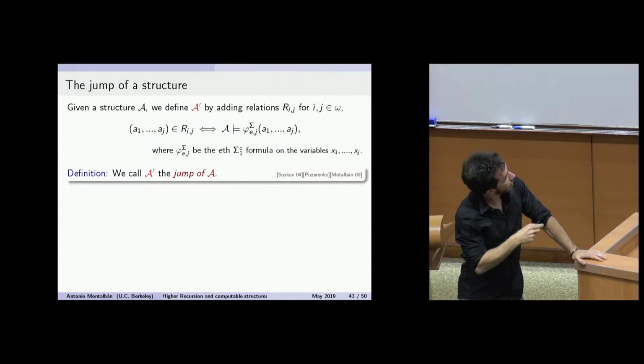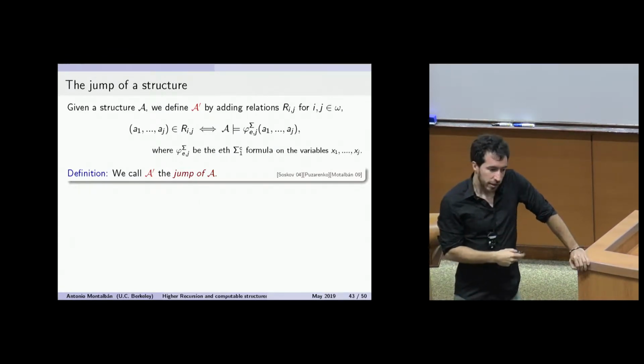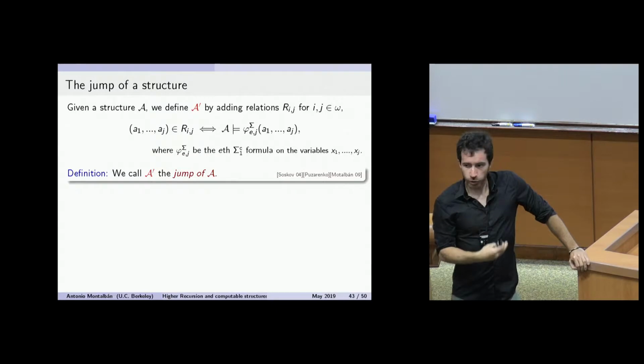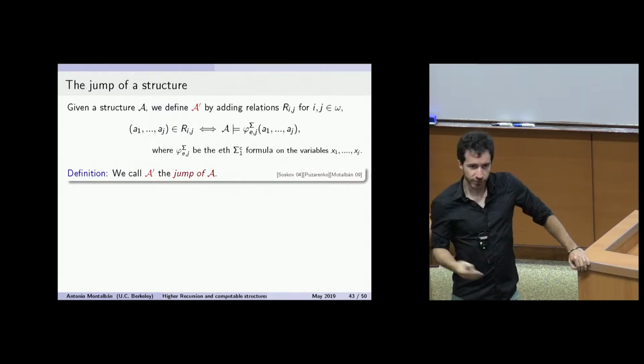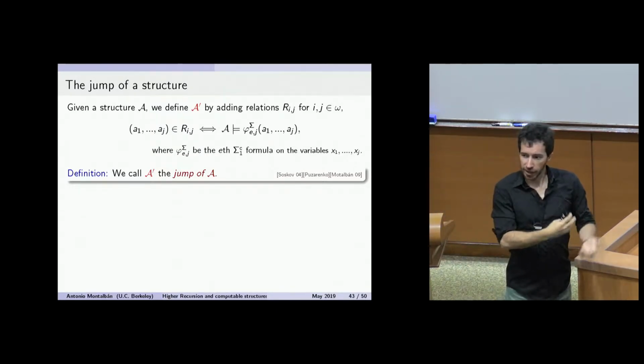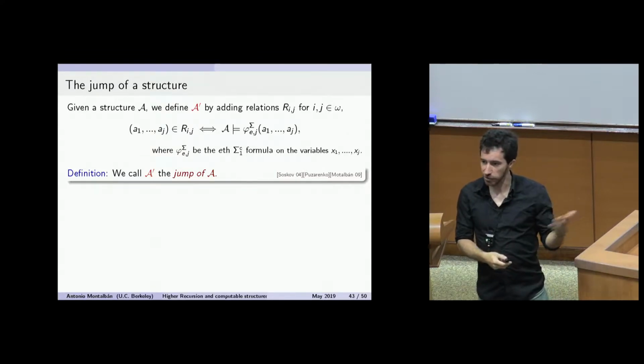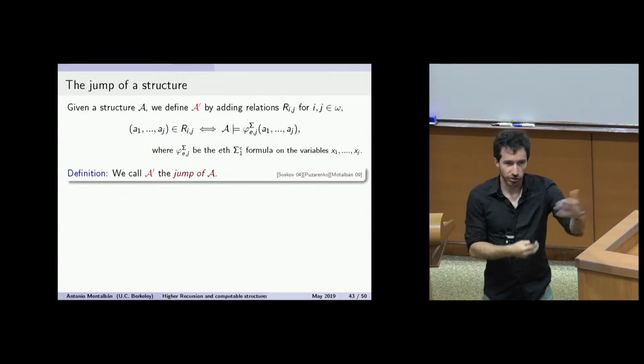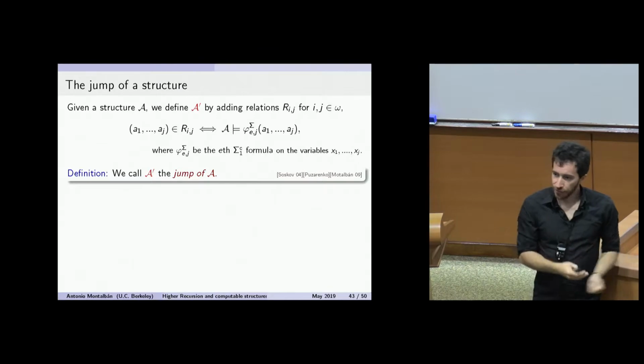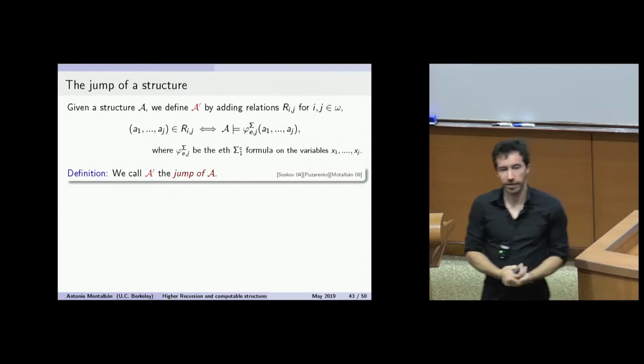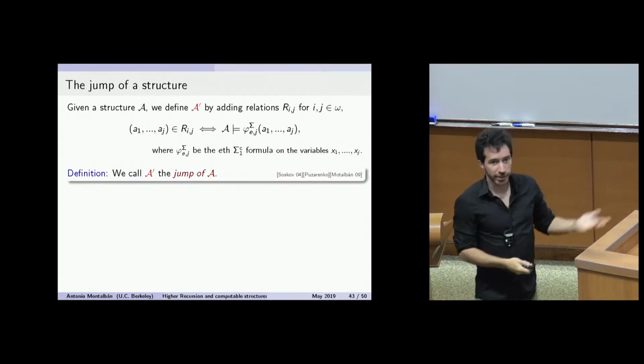The one by Soskov, he was adding a relation to force pi 0 1 sentences. So it wasn't that direct, but he added this forcing relation to the language, and then he noticed this kind of behaves like the jump, so this should be the jump.